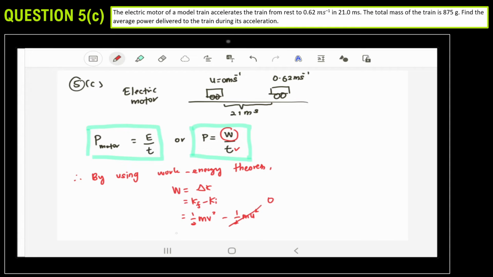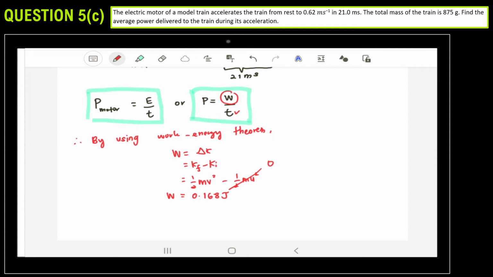Alright, and W is equal to 0.168 joule. Okay, you can substitute the value. Alright, therefore, we can find P of the motor is equal to W over T, and it's equal to 0.168 divided by the time in millisecond. Make sure you change to second. 21 times 10 power negative 3 second, and it's equal to 8.01 watt.